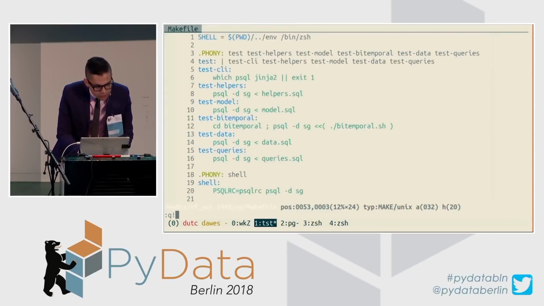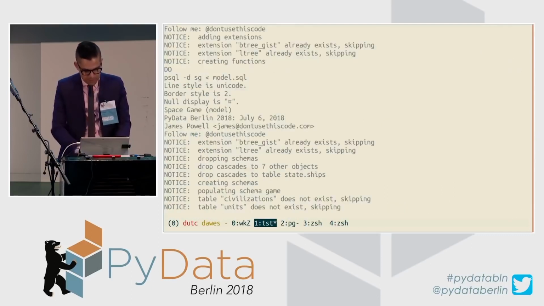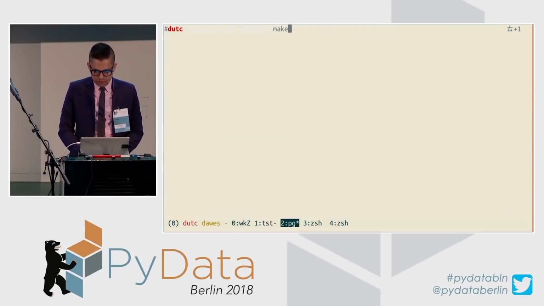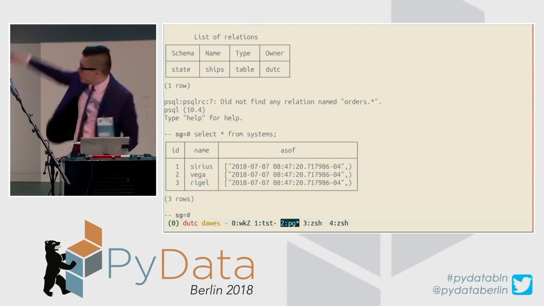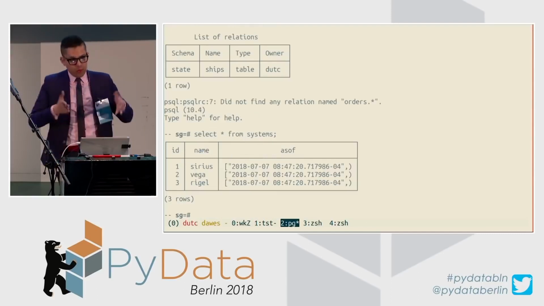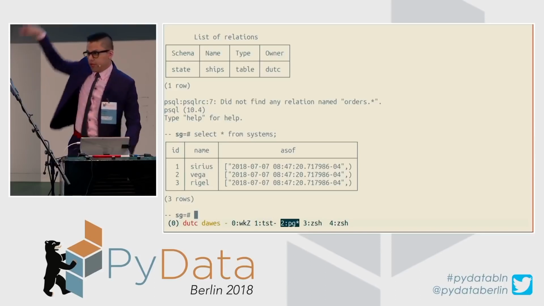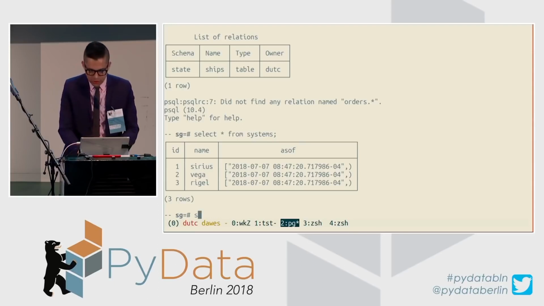Test bitemporal. Oh, I need to do it here as well. Test. Okay. And if I go into my shell here, here are my solar systems. You can see it automatically inserted this as-of column. What this as-of column represents is the system time. It represents the time during which this row is active. In my active table, every system, or actually I'll do it on ships, which will change, right?